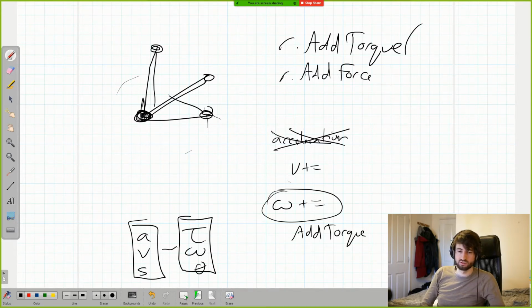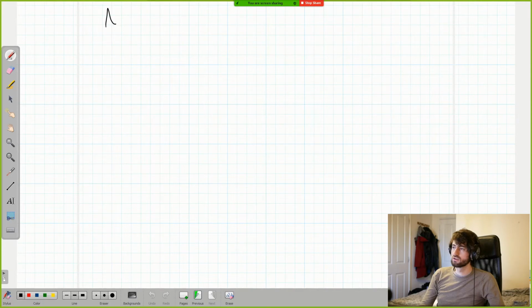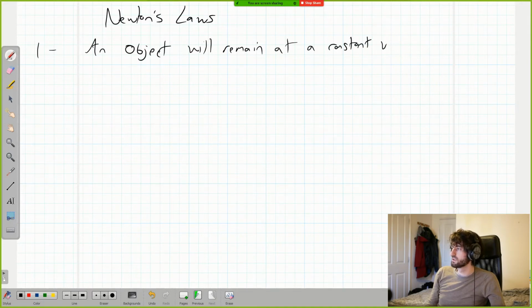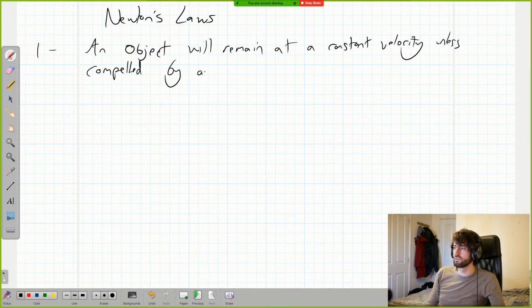Well, we can even see all of Newton's laws are the same. So let's look at Newton's laws. We know that Newton's first law is that, let's say, an object will remain at a constant velocity unless compelled by an external force.